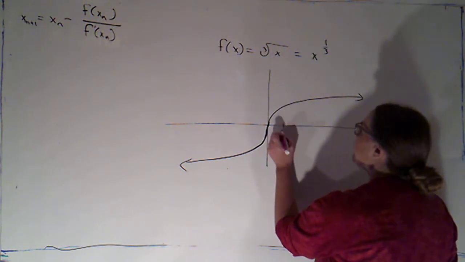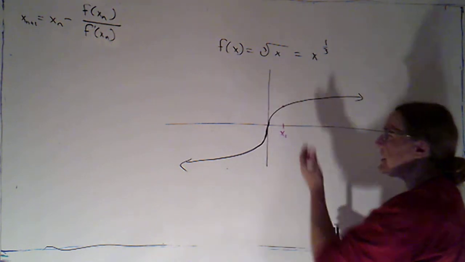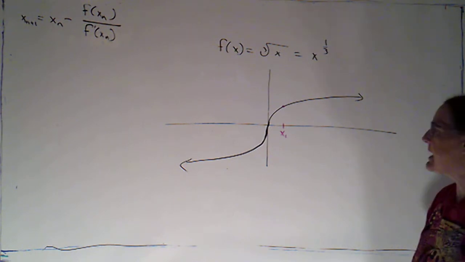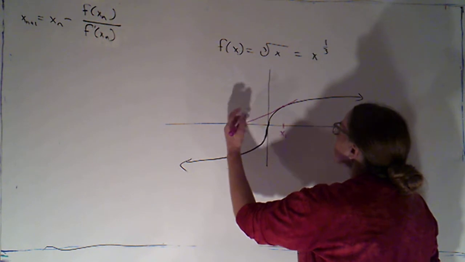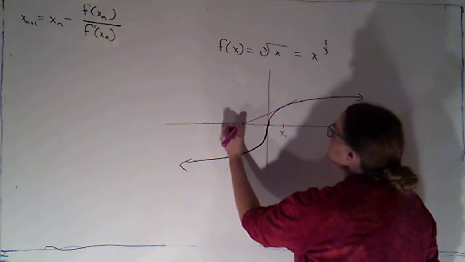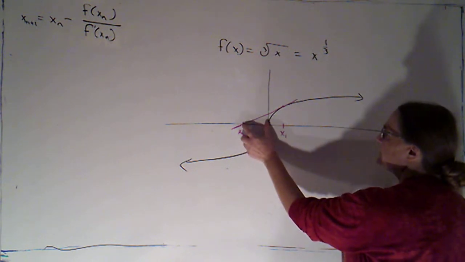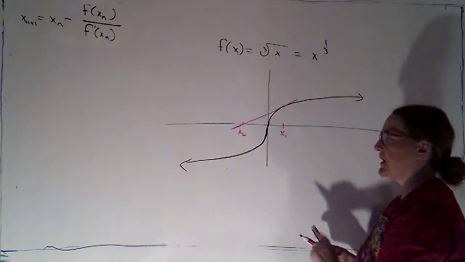Let's just suppose I made an initial guess of x1. So I know I'm going to follow the tangent line to get to my next guess. And if I do that, I'd intersect the x-axis right around here. Looks like about x2. That looks like it's farther away from 0 than x1 was.